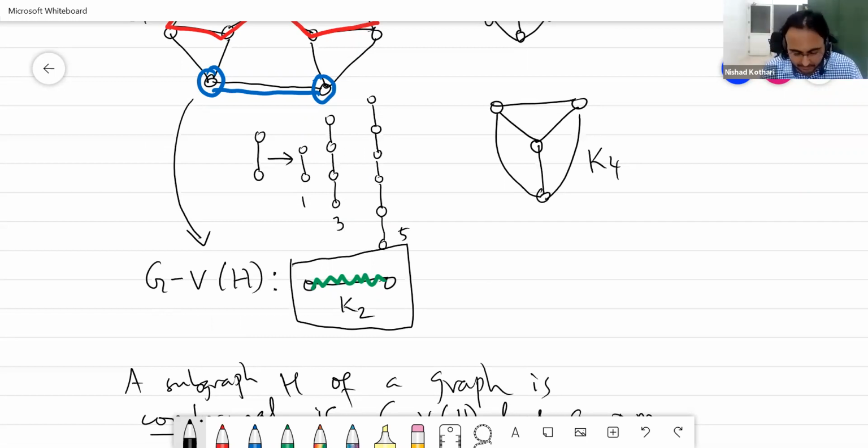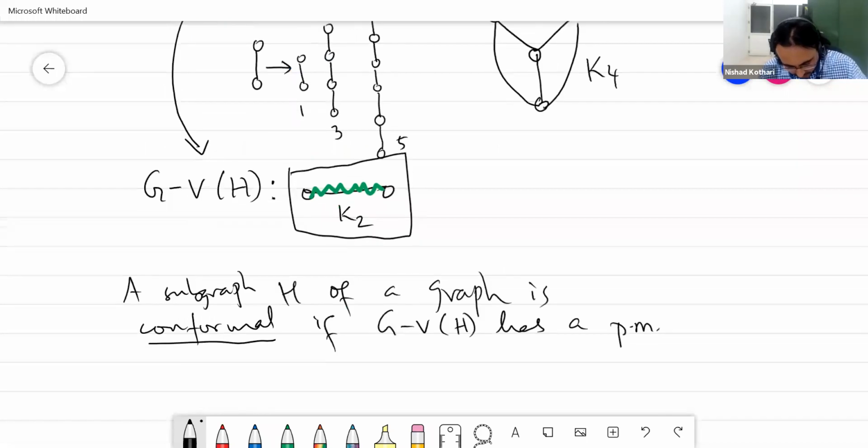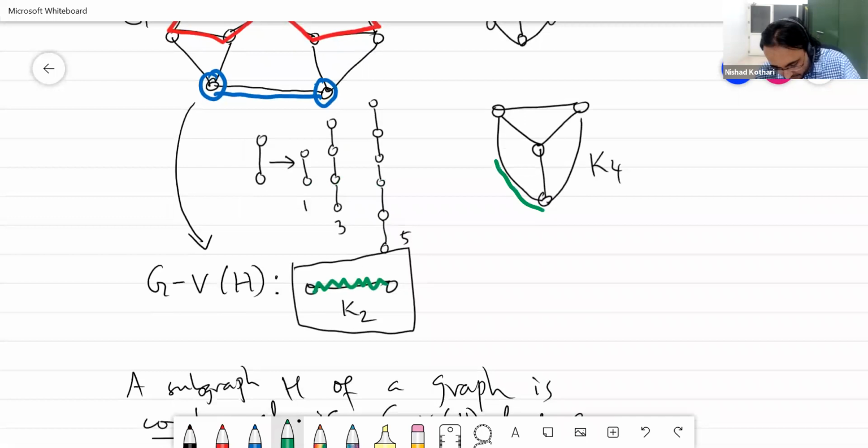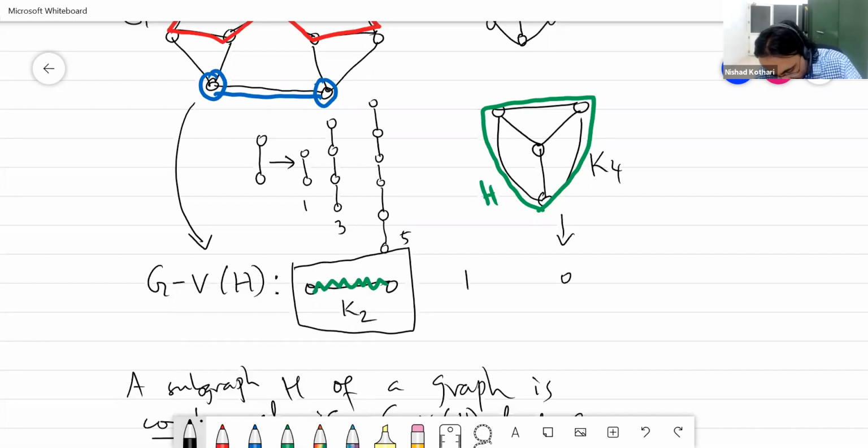Let me give you an example where there is no perfect matching. For example, I'll give you a small example. If you take this green colored subgraph in K4, when you delete this subgraph, you will be just left with one vertex. So if green colored subgraph is your H, then K4 minus the vertices of H is just this graph, and this graph does not have a perfect matching.